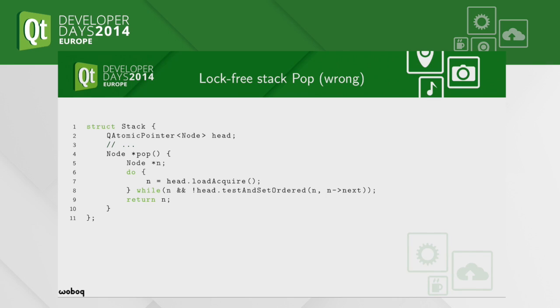If the node is null, we just return null, like there is nothing on the list. Again, I could have used acquire in the test and set, but that's not what's wrong when I say it's wrong. There are actually two things that might go wrong here with the pop.